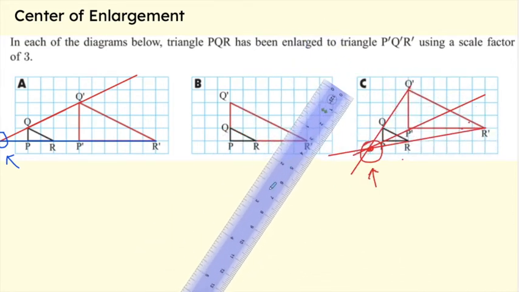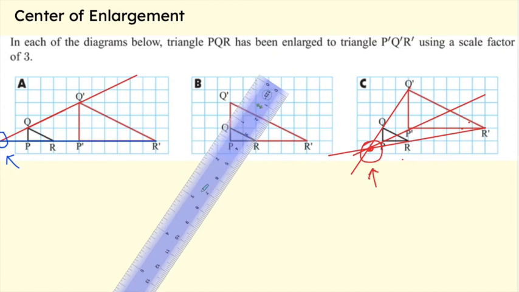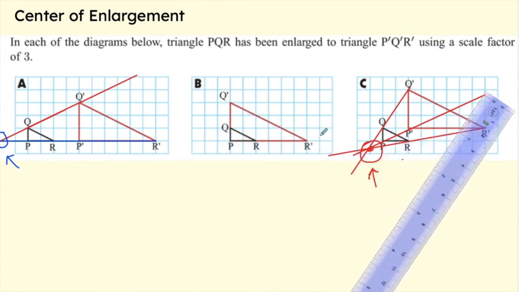Okay, now with B. Okay, well, let's think about this one. Okay, if I made a line, hey, where's our P prime? There is no P prime. Well, that's because P prime is already here. P and P prime share the same point.